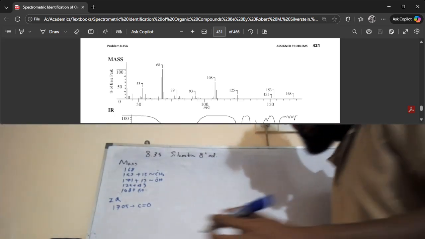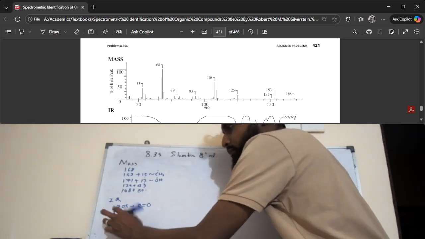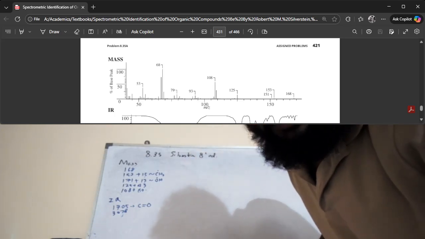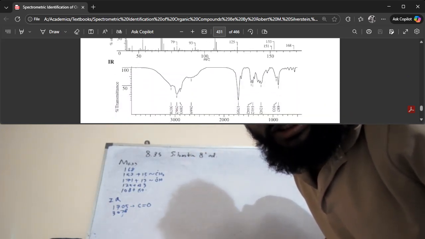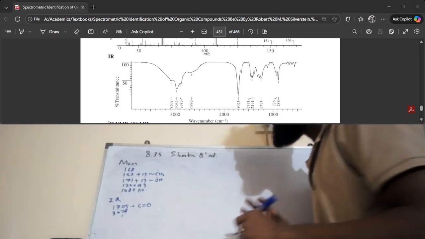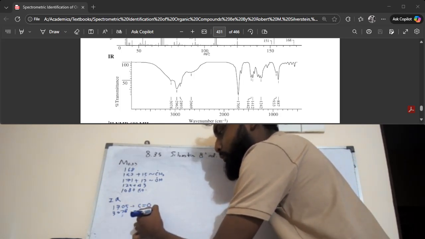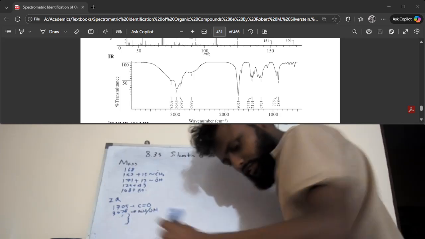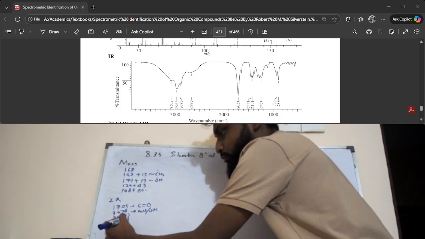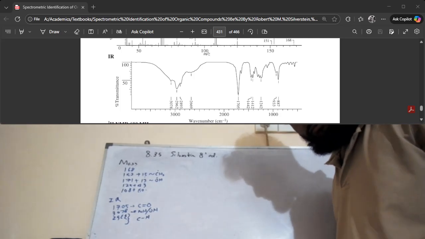There are a bunch of other peaks in the 3000 to 2000 range. I'll scroll up a little bit to bring the IR into view. As you can see, there's a very broad peak there, which maybe means there's an NH or an OH bond, and the other peaks at about 2962 may be various CH bonds.